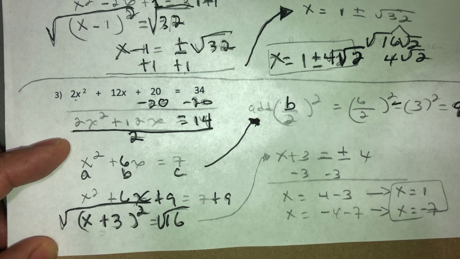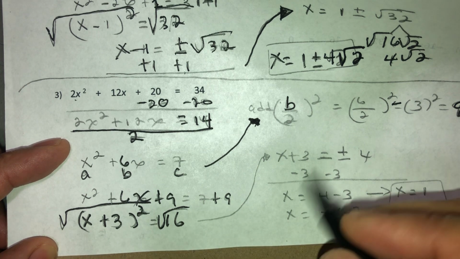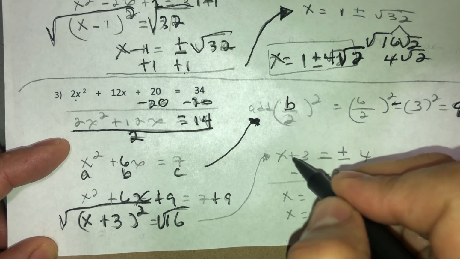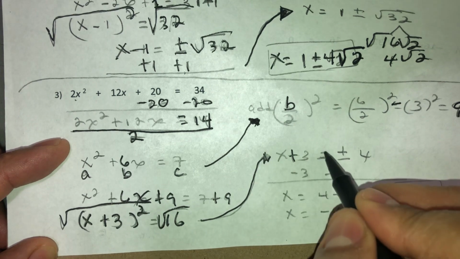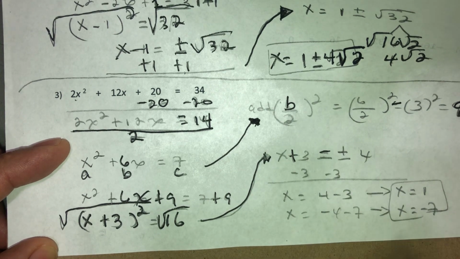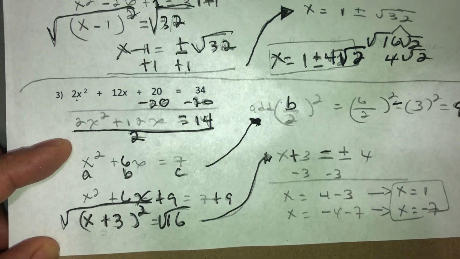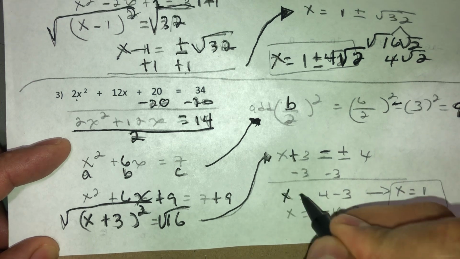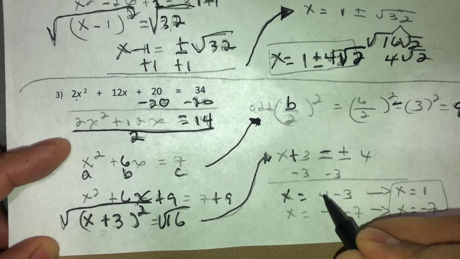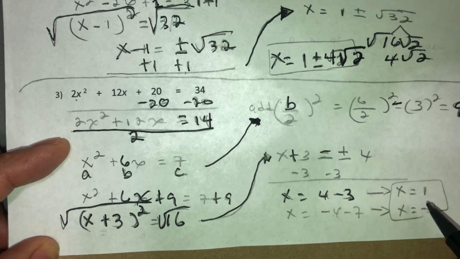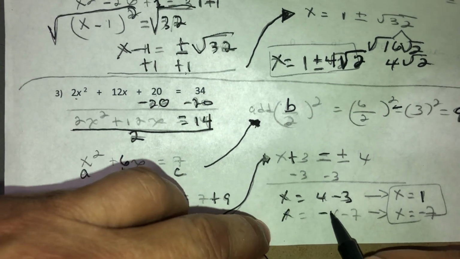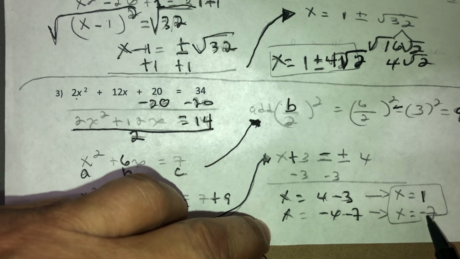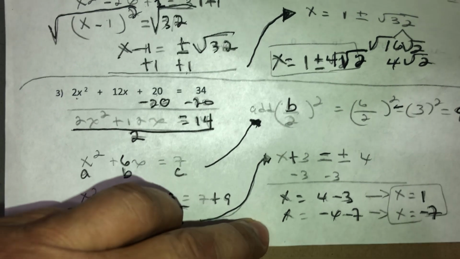And when I square root both sides, I will have left x + 3 = plus or minus 4. Then I do minus 3, and because there are 2 different roots, I'm going to do it separately. So x = positive 4 minus 3, which gives me 1. And the other x should be negative 4 minus 3, which equals negative 7, and that should be my answer for that.